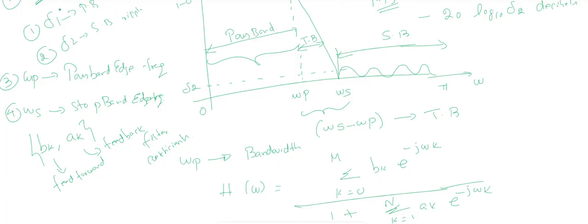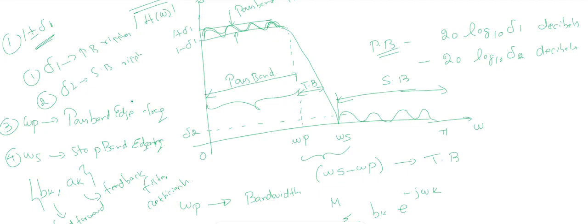So for the given specifications of ripples in the passband, ripples in the stop band, and passband edge frequency and stop band edge frequency, we can select the parameters ak and bk, the filter coefficients.